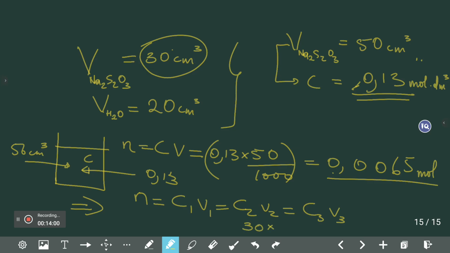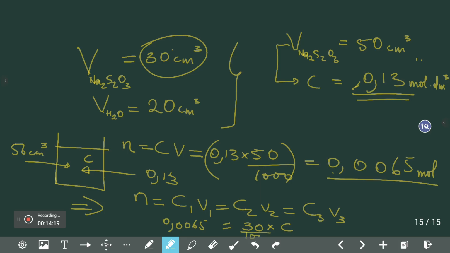The concentration is going to be 30 what? Out of 1,000. Sorry for that. This is out of 1,000 times the concentration. You get that? Then whatever you get from here is going to be the concentration there.